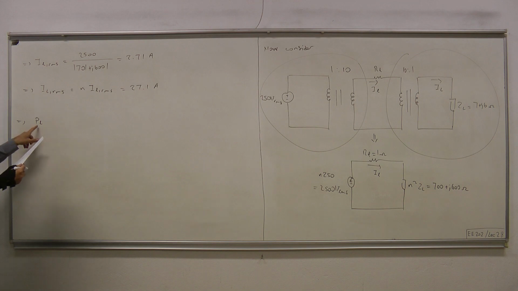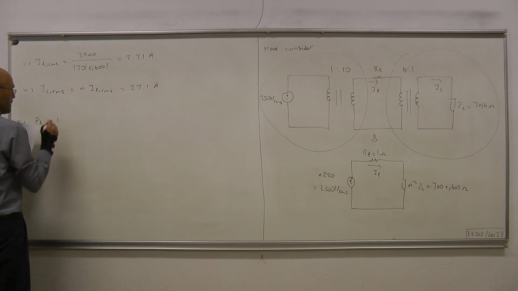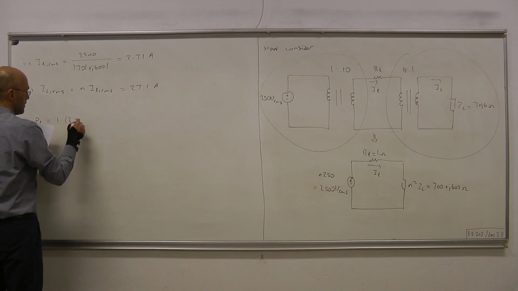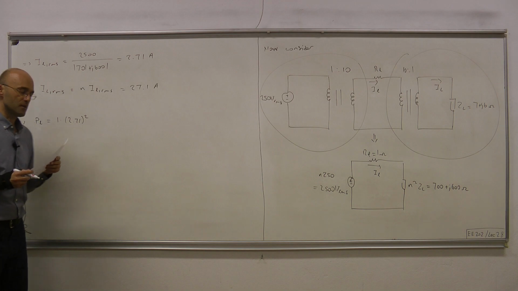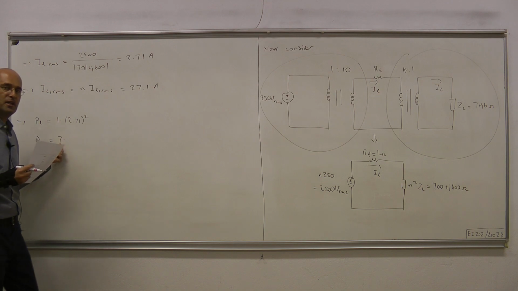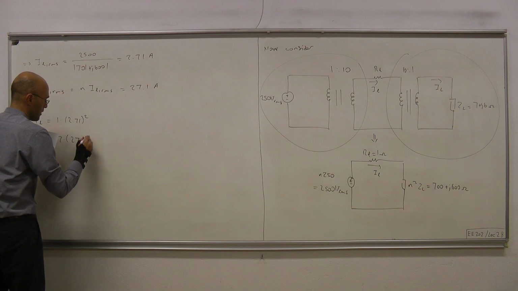The power loss on the transmission lines equals the resistance of the transmission line times the square of the effective value of the current. And P load is the real part of the impedance, or the resistance of the load, times the effective value of the current squared.